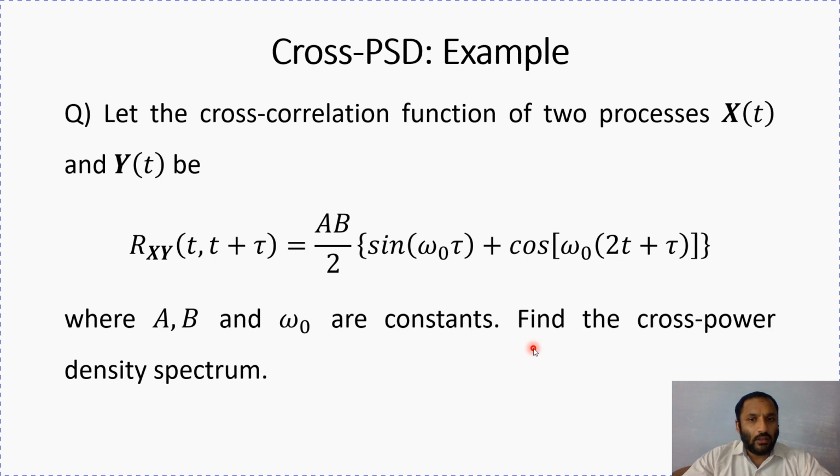Actually, more definitively, the cross correlation function forms a Fourier transform pair with the time average of the cross correlation between x and y.